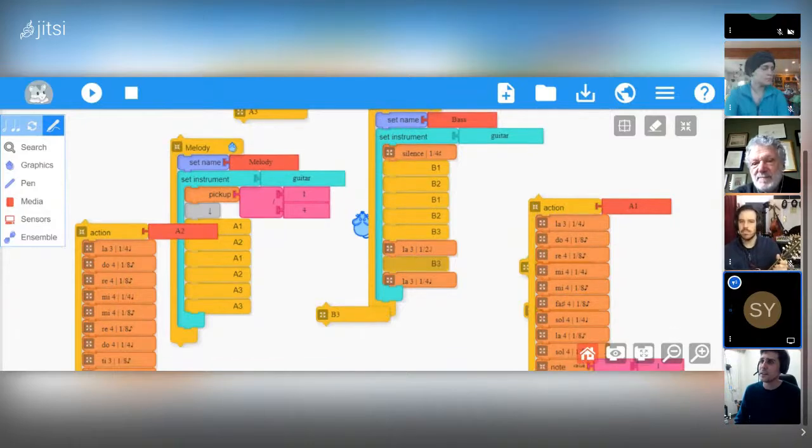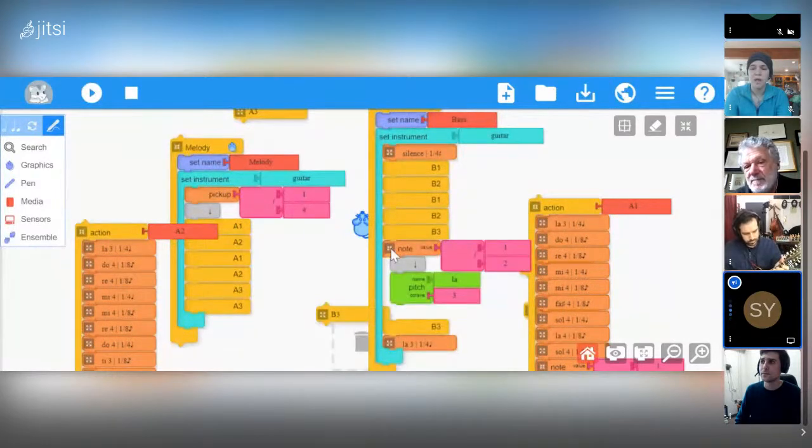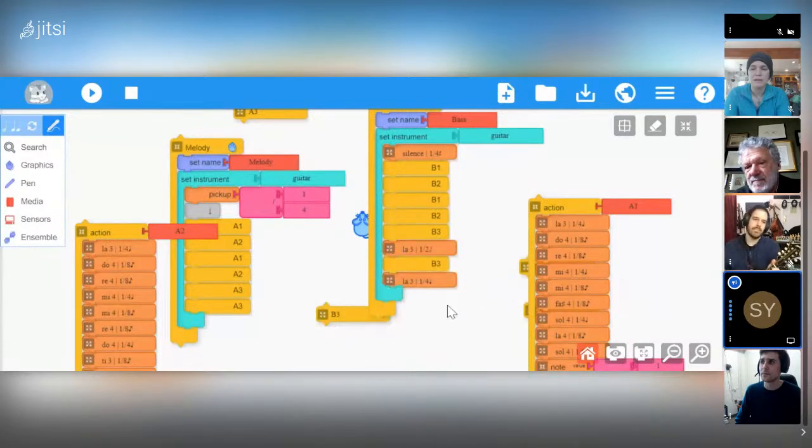No, there was basically B3 repeated, but there was an A between them, and they were different types of notes. So this one was a half note, while this one was a quarter note. So I just added them here instead of making two action blocks, since it'd be easier.